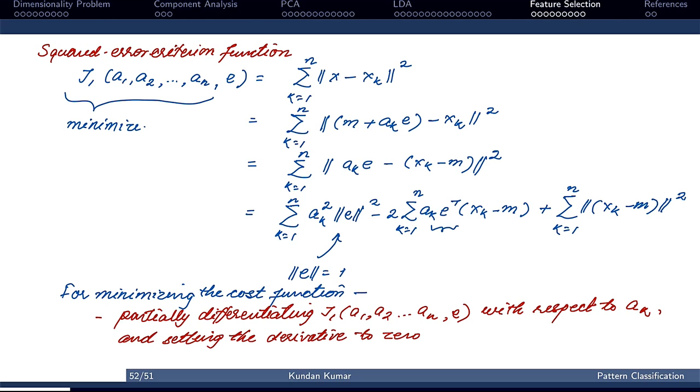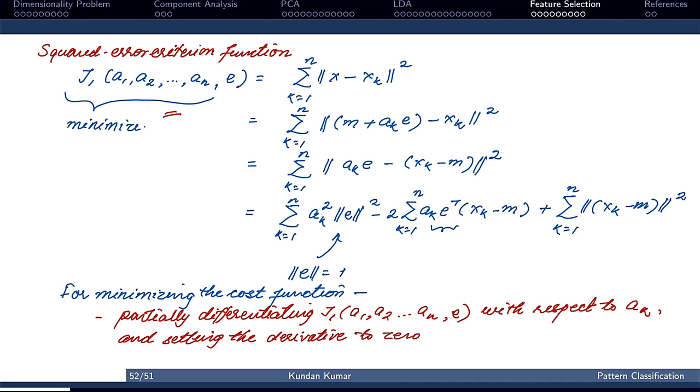Now we have to take the derivative of this term with respect to a1, a2, up to an, and then equate it to 0. So let us take the derivative of J1 with respect to ak, and then equate the term to 0.